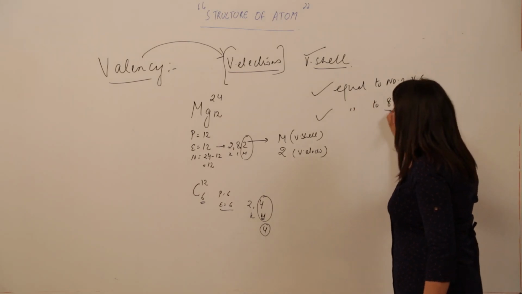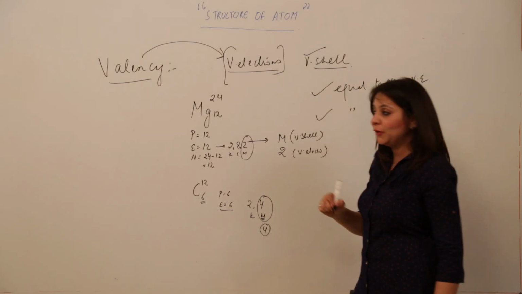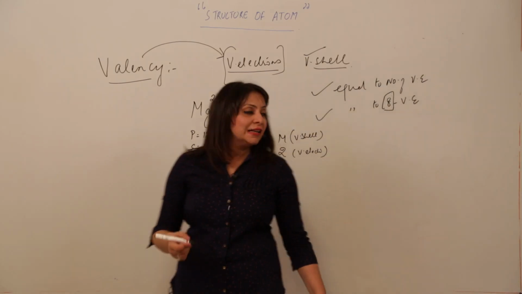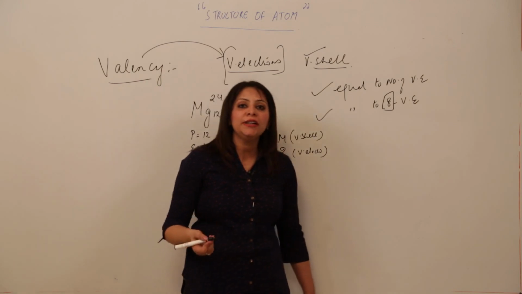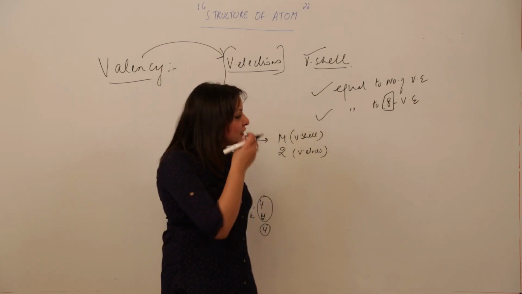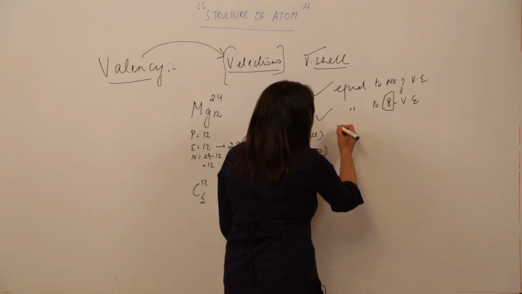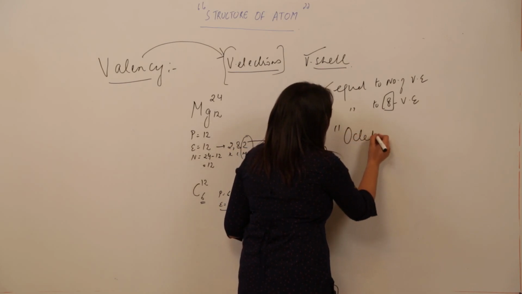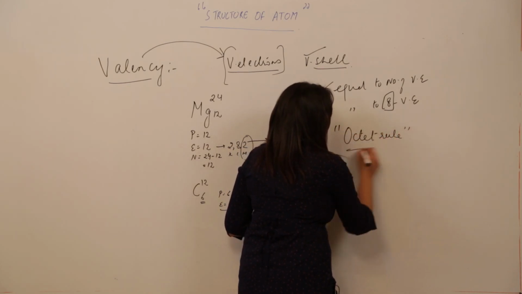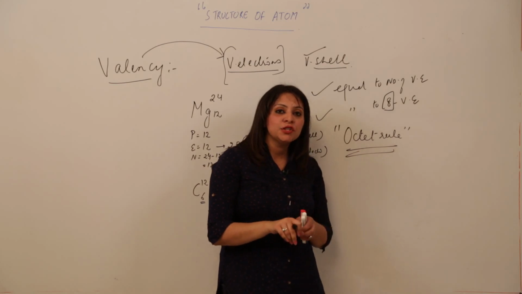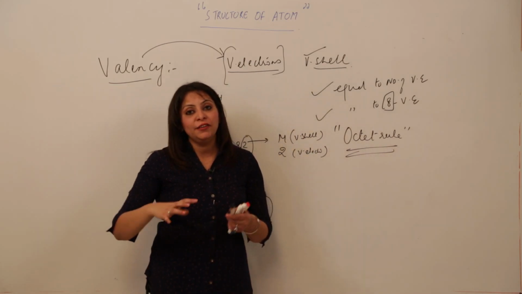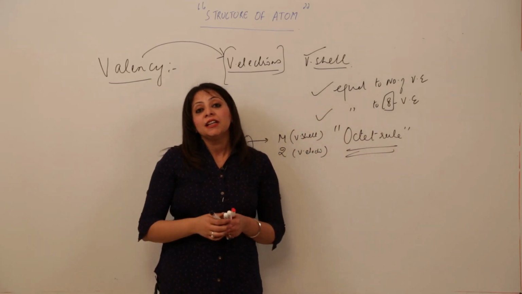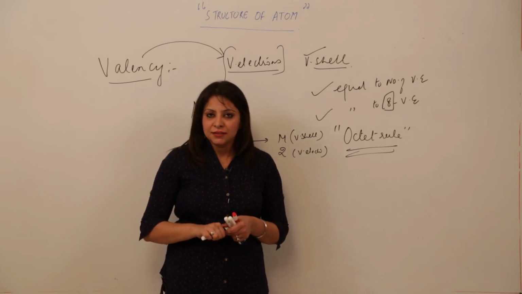Now where does this 8 come from? You must be thinking, why not 9? Why not 10? Why only 8? So you should know that there is a rule, that is the octet rule. What is it? See, in nature every substance or every particle needs to attain stability, right?